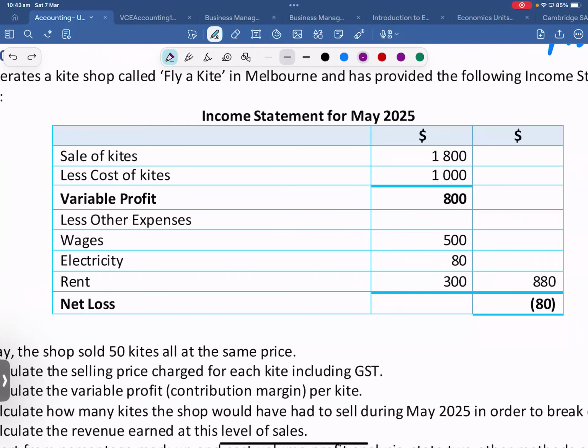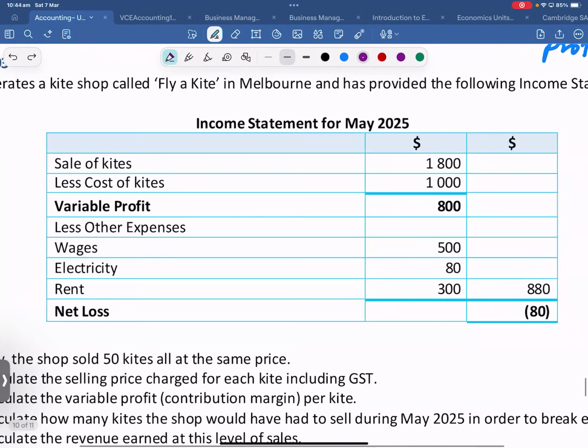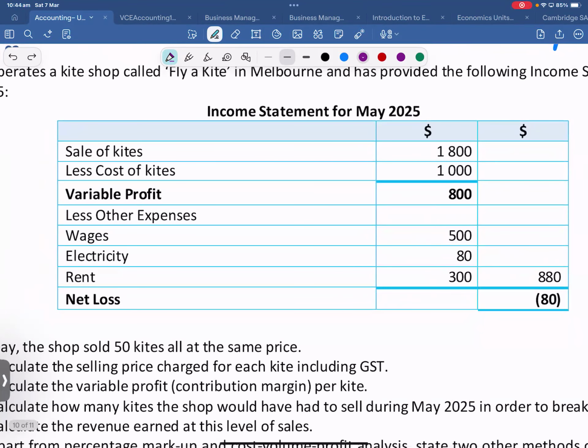So, 50 kites. That means we can calculate the selling price per unit. How do we calculate? It's in the question.